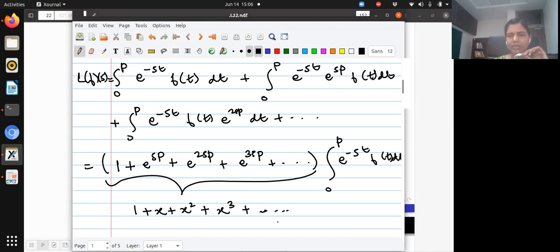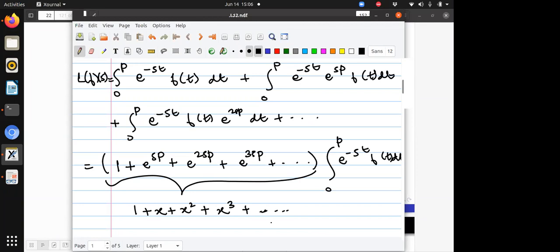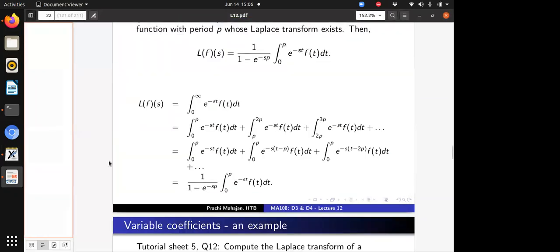When does this converge? Mod x less than 1. And what is the sum? 1 upon 1 minus x. That's precisely what is written here on the slide. Is that okay?